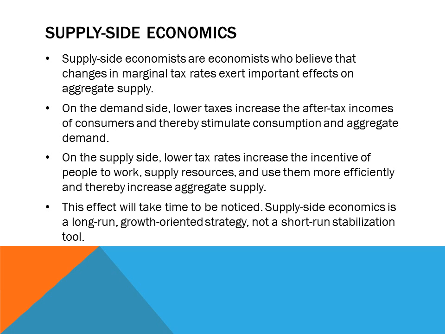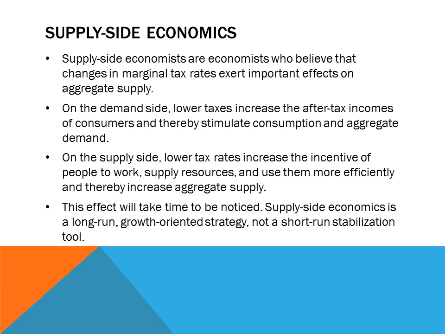But more importantly, for supply-side economists, lower tax rates increase the incentive of people to work, so the marginal benefit of one more hour increases, therefore people will tend to work more and take less leisure time. So they will supply more resources and use them more efficiently. This will increase aggregate supply in the short run.